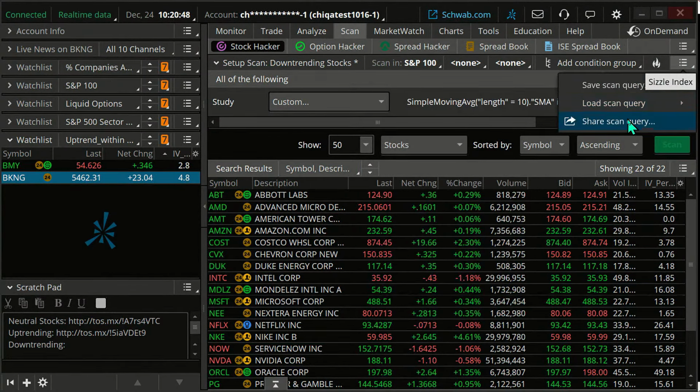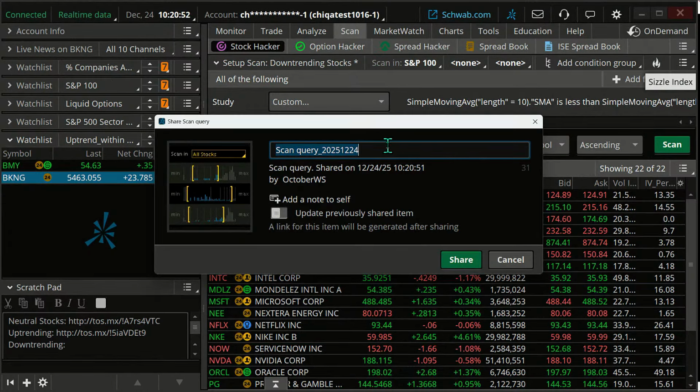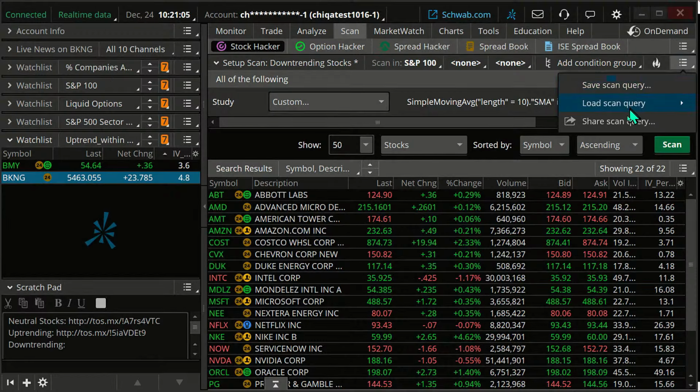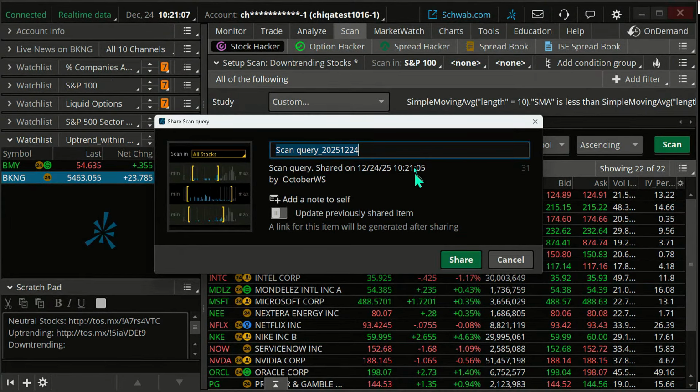Let me share that scan query with you if you're interested. What just happened? Cancel. Did I do that right? Click on the right thing. Share scan query. There we go. Downtrending.